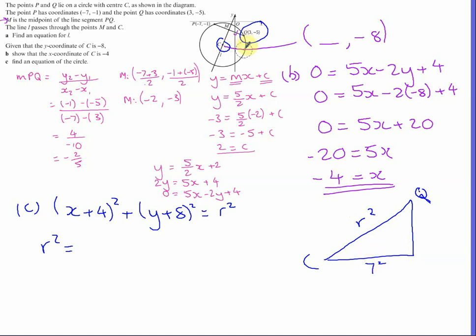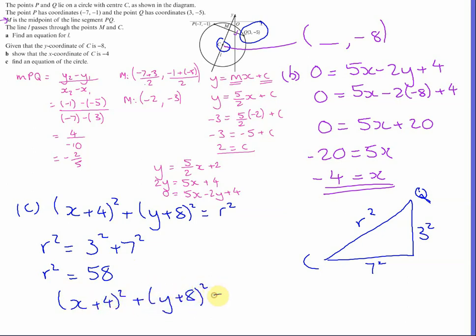And if you look at the change in y between minus 5 and minus 8, that's 3. So we know that r squared is 3 squared plus 7 squared, which is 58. So to finish off, it's x plus 4 squared plus y plus 8 squared equals 58.